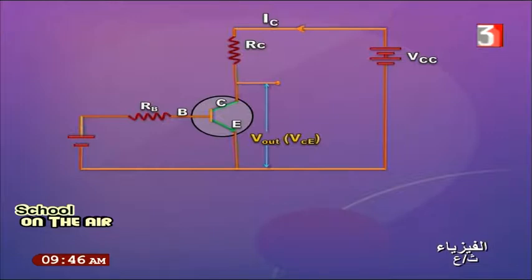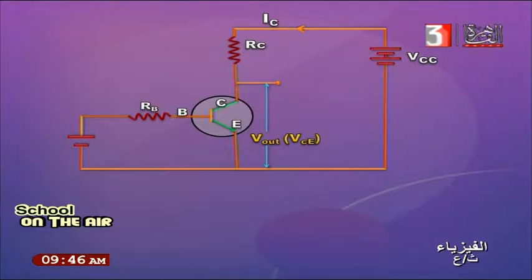Your attention please, talking about VCC, it is actually 6 volts. It is equal to the sum of the output potential VCE and IC times RC. Let me explain something. RC is the resistance of the collector, IC is the current of the collector.